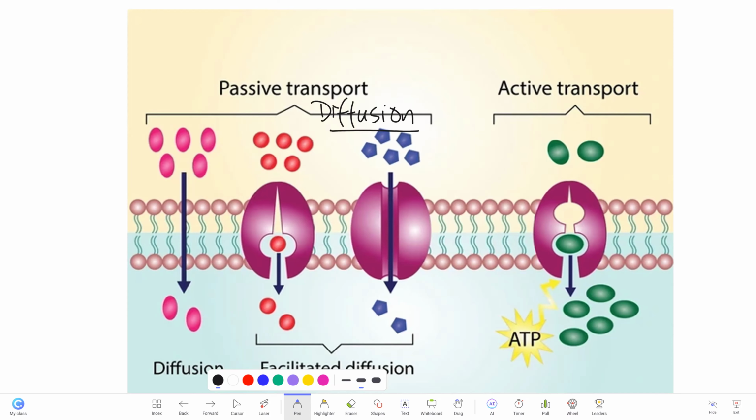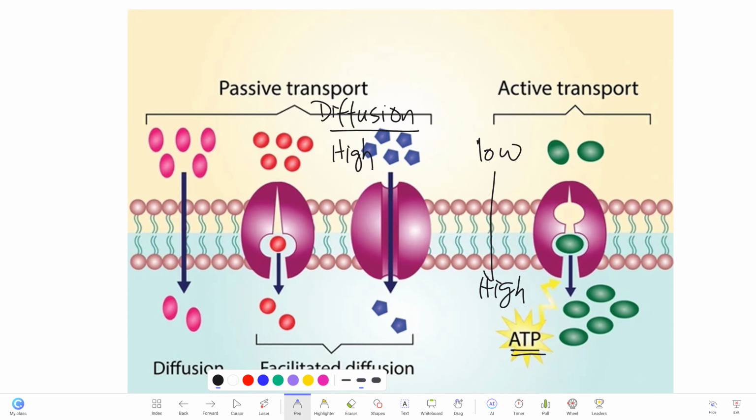And this is called active transport. In active transport, molecules move from low to high using energy. Are you familiar with ATP? ATP is energy, right? Low to high. But here they are moving from high to low. So what's the function of these integral proteins? Transport.